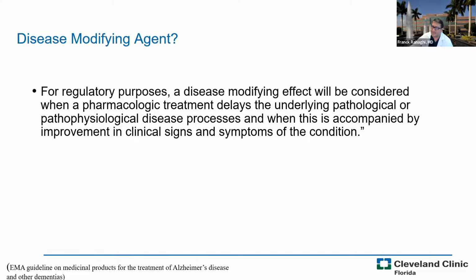And so that led me to the question, what is a disease modifying agent? Well, the people that use it the most are rheumatologists and most recently Alzheimer doctors, which in this definition by EMA, for regulatory purposes, a disease-modifying effect will be considered when a pharmacologic treatment delays the underlying pathological or pathophysiological disease process, and it should be accompanied by improvement in signs and symptoms.